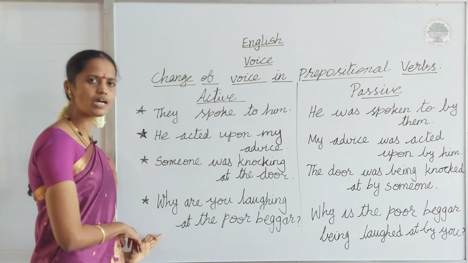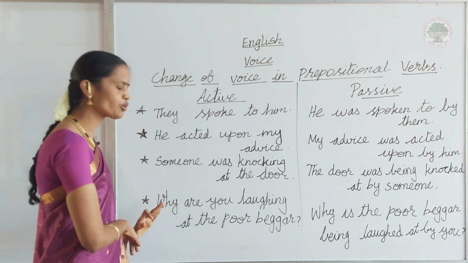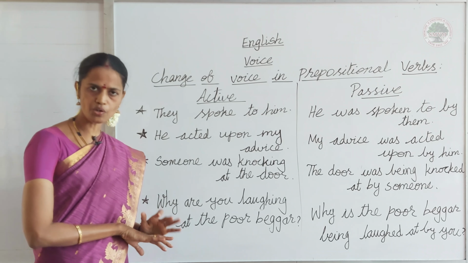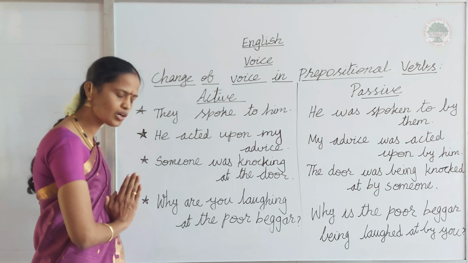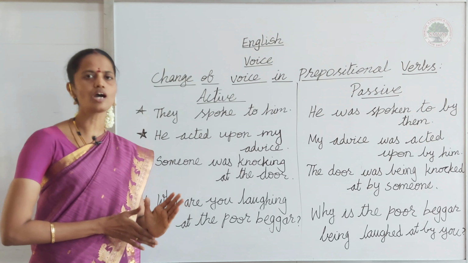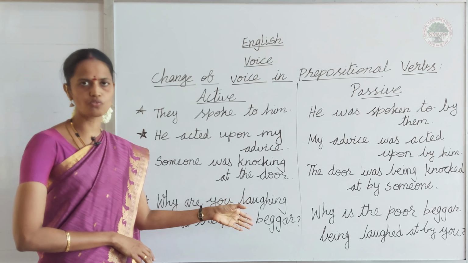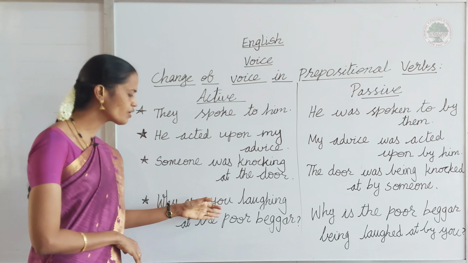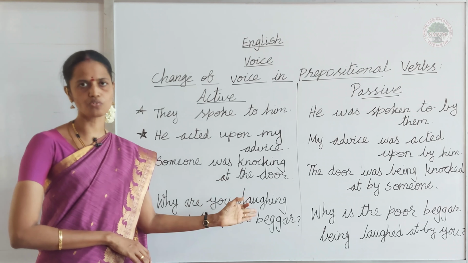Because this is an interrogative sentence. Okay, the WH question. So a WH question has to be followed by the auxiliary verb. Then only we have to use the subject. Then we are mentioning the main verb. Okay. That's why we brought this subject in between the auxiliary and the main verb.